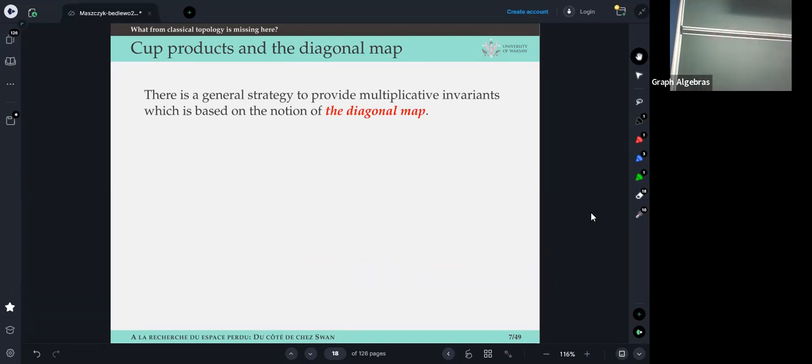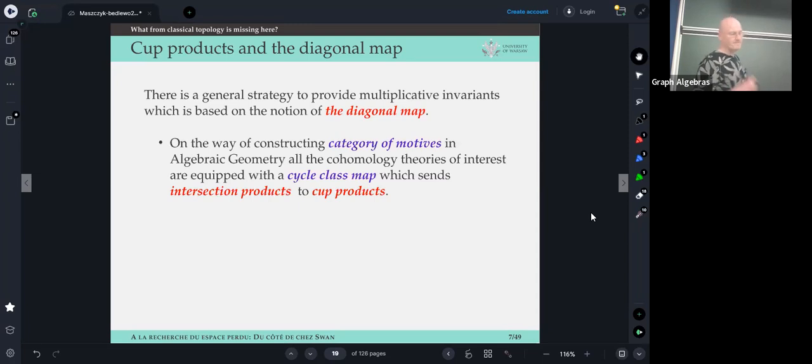Okay, there are two structural maps. First is the constant map to the singleton, or one-point space, and another map is the diagonal map. And this diagonal map, as you saw, can be used to create some product structure on these invariants. Okay.